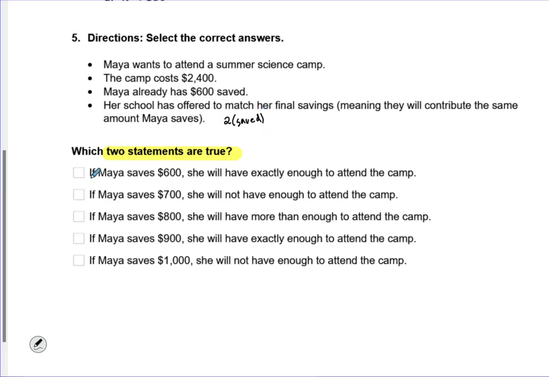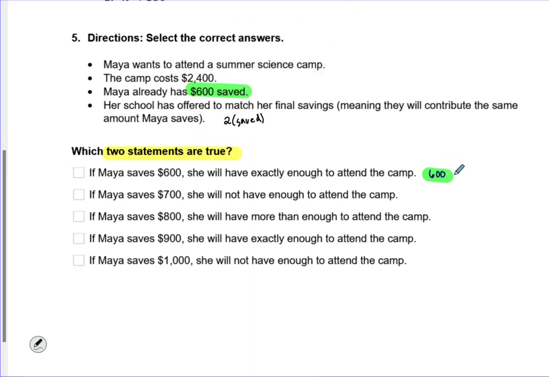Let's see. If Maya saves $600, she will have exactly that amount. Remember that she already has 600 saved, so that's where this 600 came from.